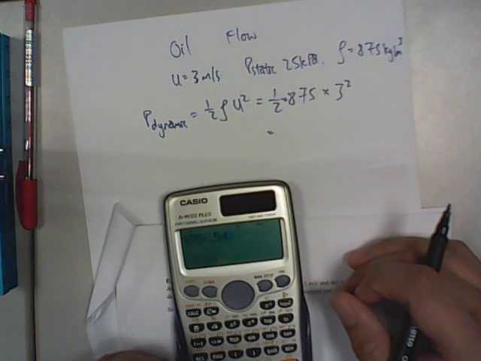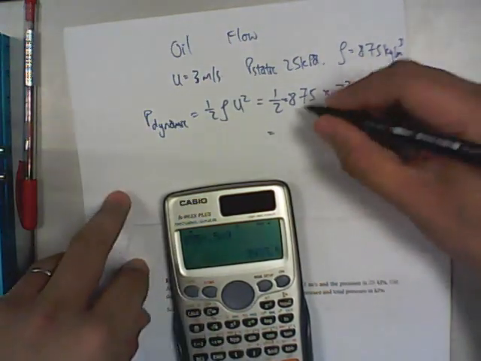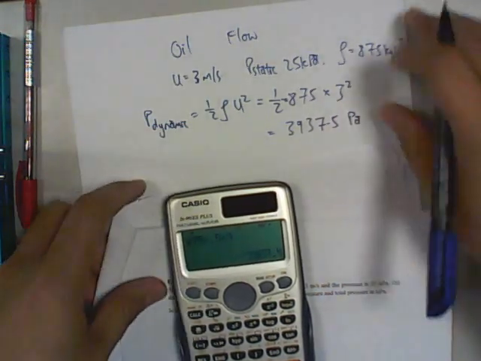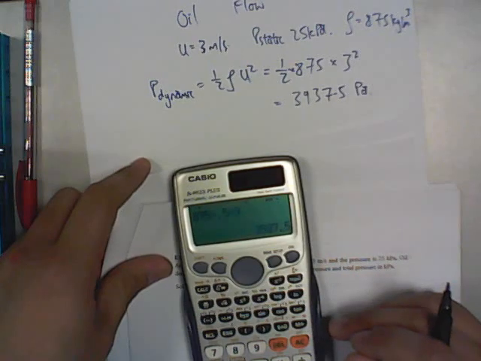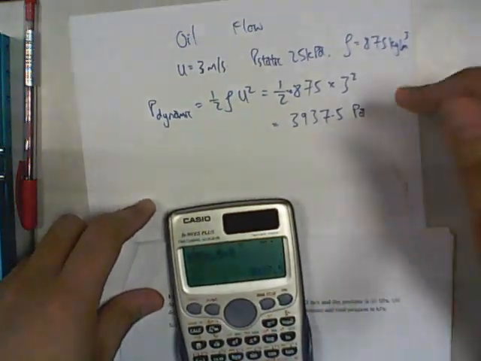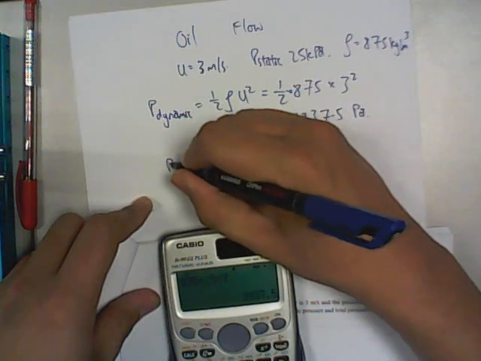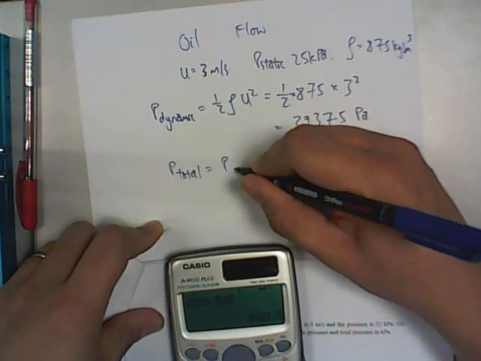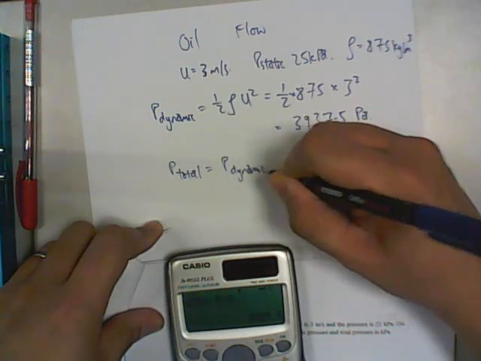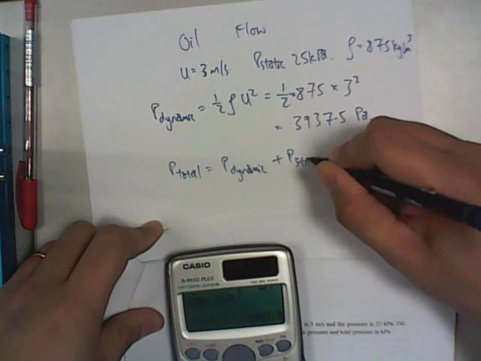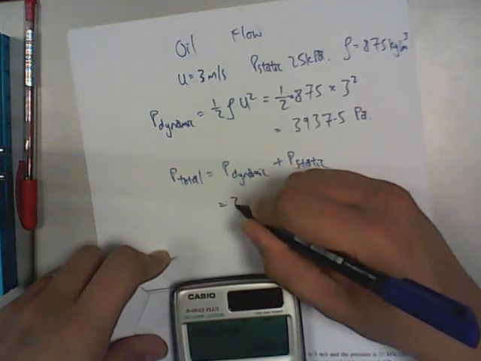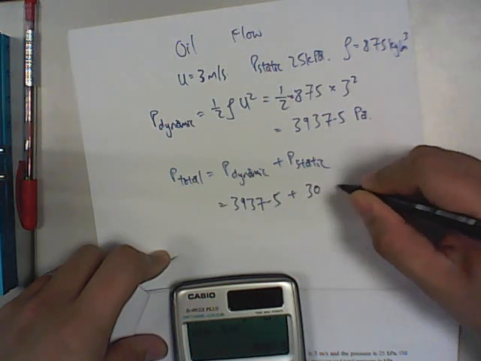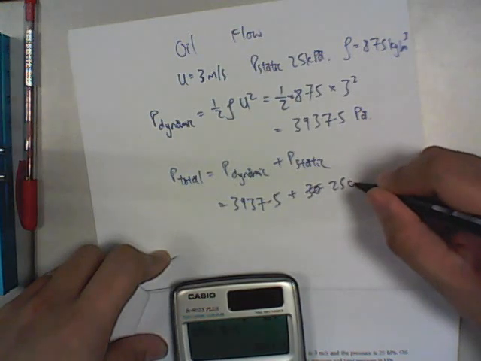This will give us 3937.5 pascals. 875 times half times 9, correct. And the total pressure, which is the stagnation pressure, will simply be an addition of dynamic and static. 3937.5 plus 25,000.